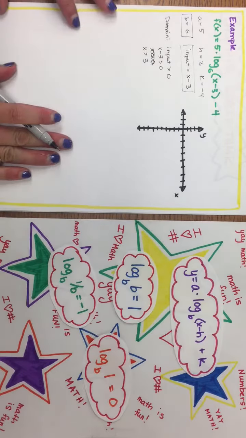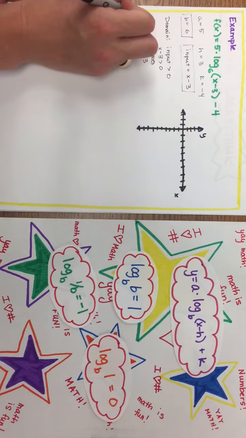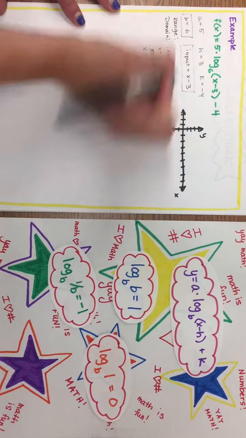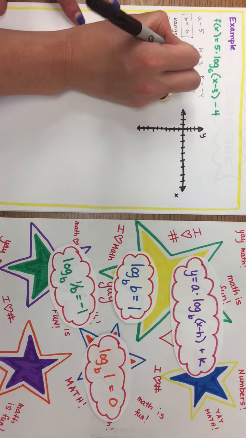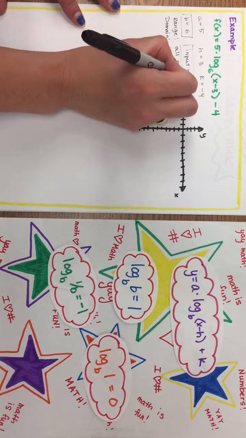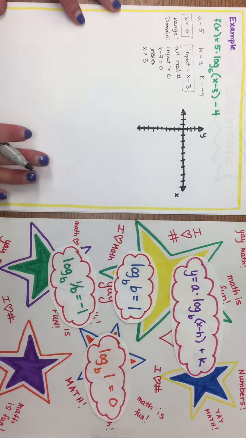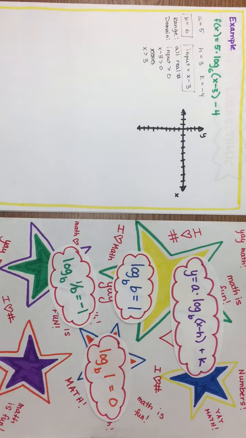That's going to be my domain. The range for logarithmic functions is always going to be all real numbers. When we graphed exponential functions, we said that the domain was all real numbers and the range was restricted. Logarithmic functions are the inverse, so it's going to be the reverse of that. Our range will be all real numbers and the domain will be restricted.